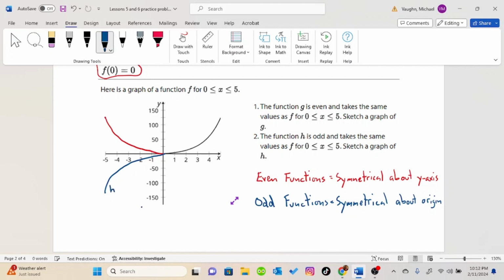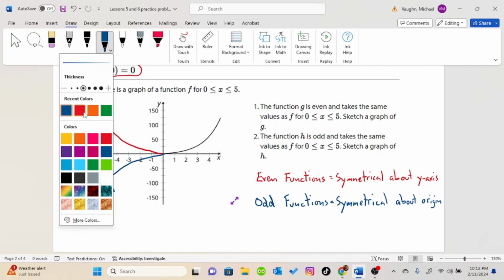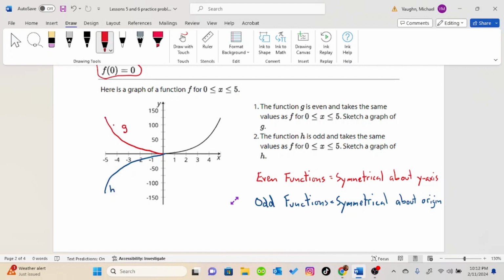So my blue line is h, my red line is g, and now we have the graph of a function that's even and the graph of a function that's odd.